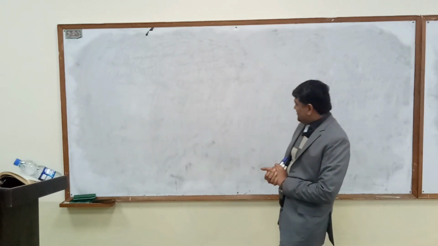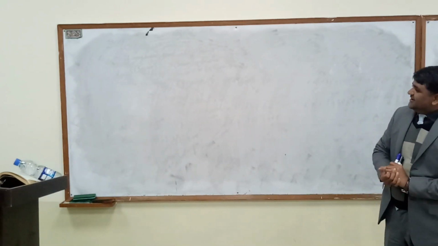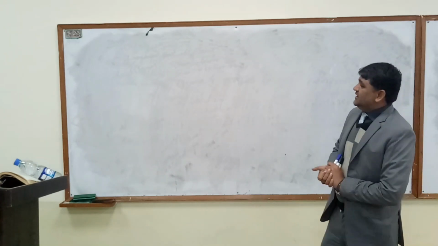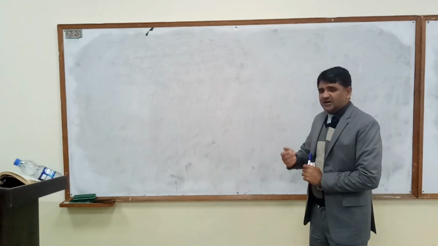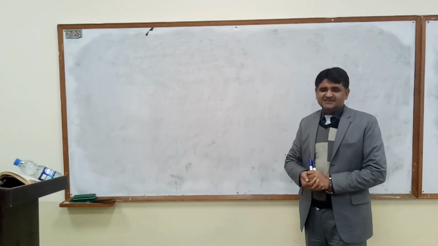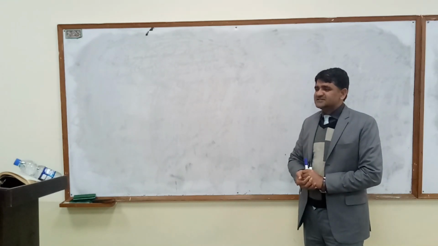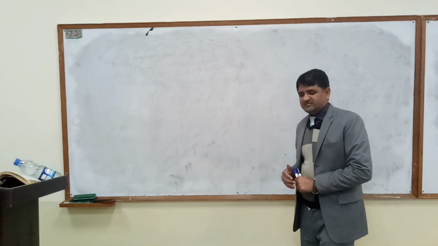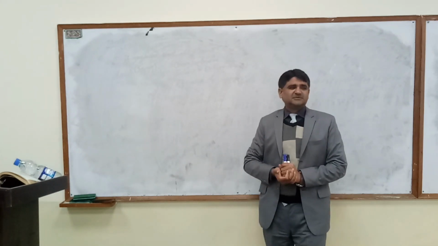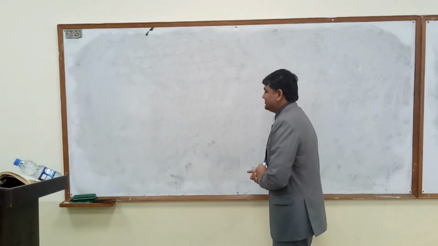And we all know about the shape of graph. If there is inverse relation, the movement of curve is left, right, downward. If there is direct relation, the movement of curve will be left, right, upward. We have discussed in detail in chapter number 2 as well as in chapter number 1.